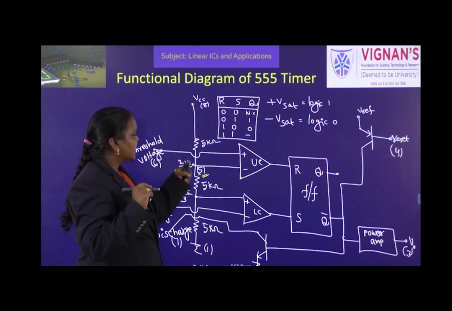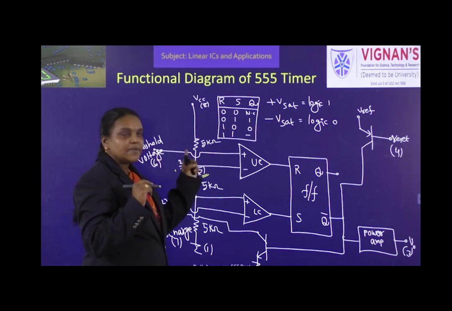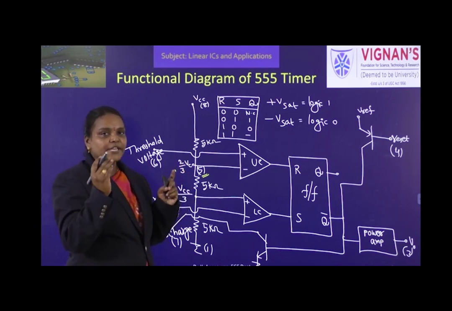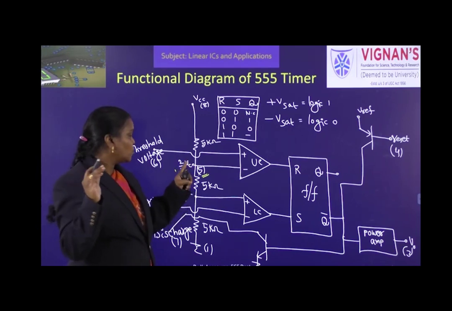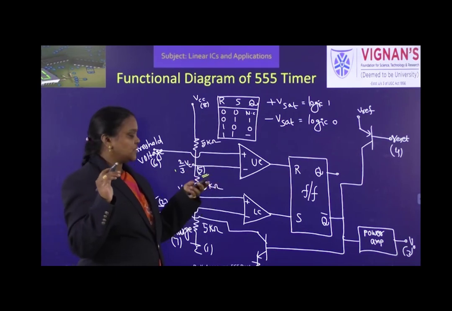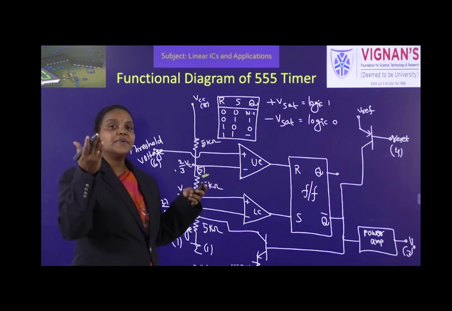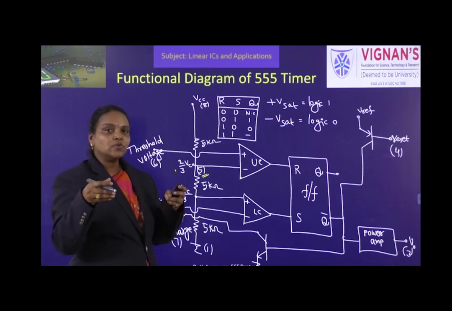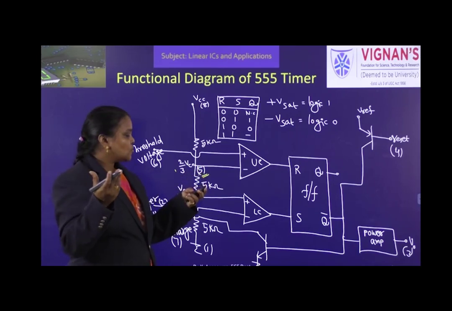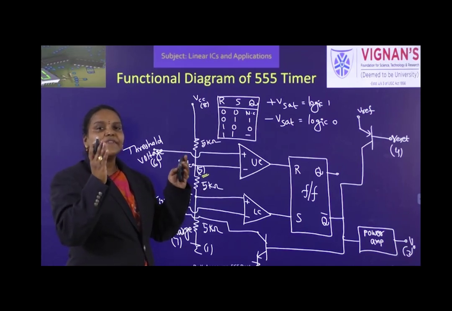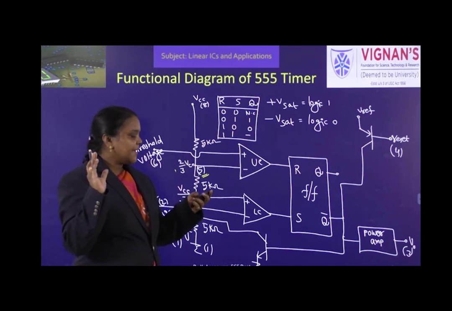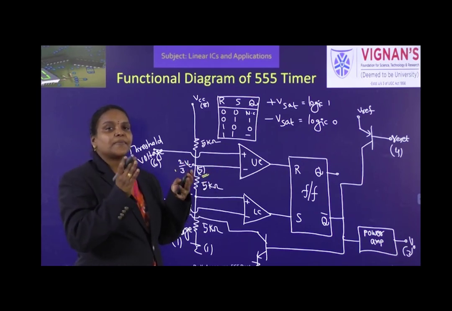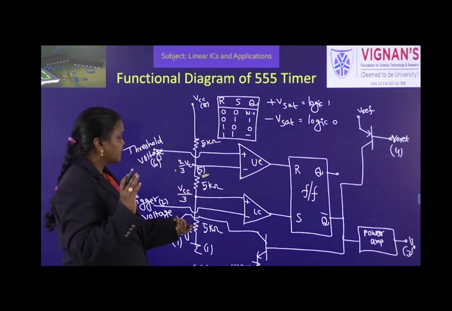Okay, so what happens? From time to time, its reference will be changing. That is, the capacitor voltage compares itself with respect to 2/3 VCC plus m(t). So if m(t) is high, it needs more time to reach it. If m(t) is negative, then it needs less time. In that manner, the on period will be changing. If it takes more time, the pulse width will be more. If it needs less time, the pulse width will be less.